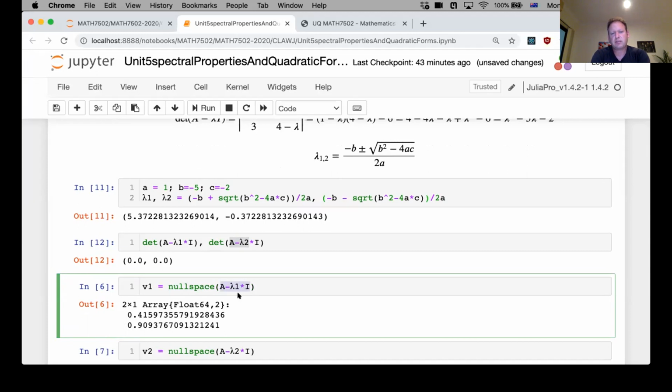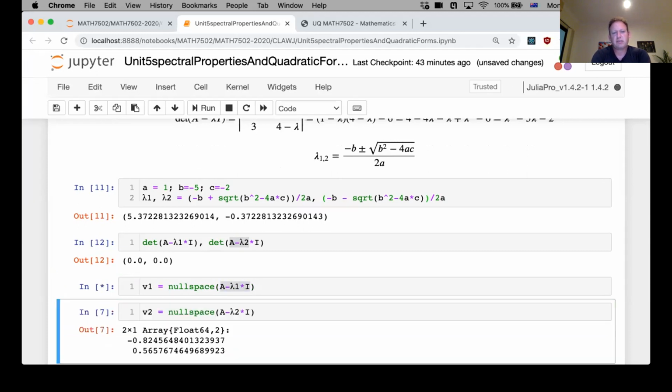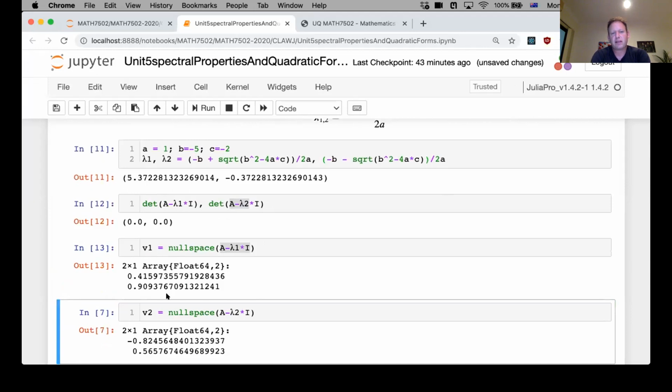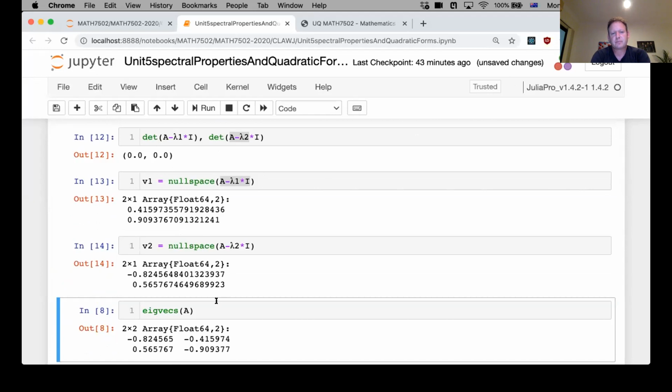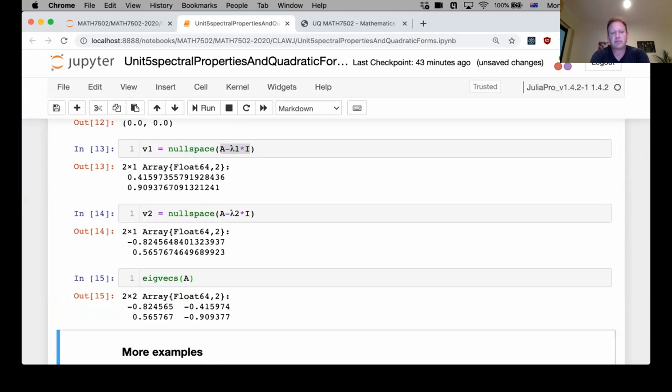So the null space of this B is going to be, for example, one eigenvector, and the null space of the second B will be another eigenvector. Now, if you would have done eigvecs, you would have used the built-in function, you would get, sorry, did I say value? I mean vector. The null space would be one eigenvector. I do this a lot, eigenvector.